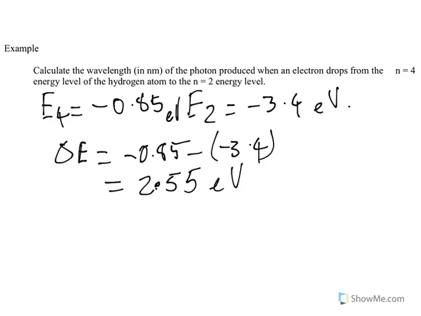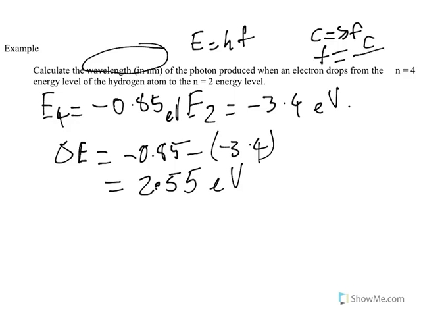Now in this one here, it asks for the wavelength, not for the frequency. So remember, E equals hf, but using v or c equals lambda f, the frequency is speed of light over lambda.